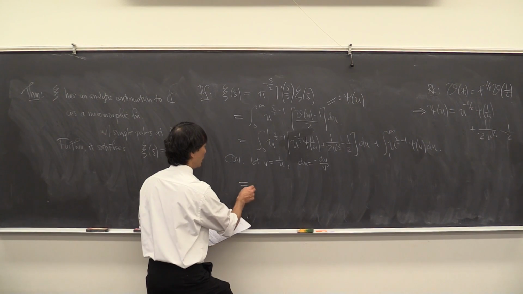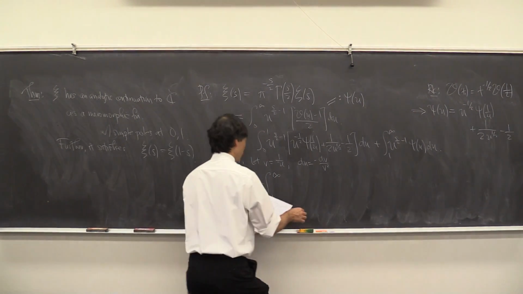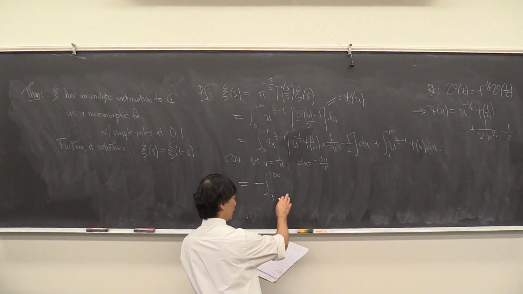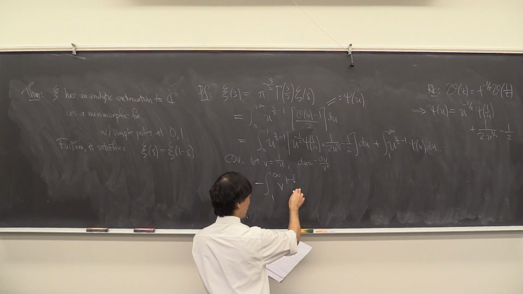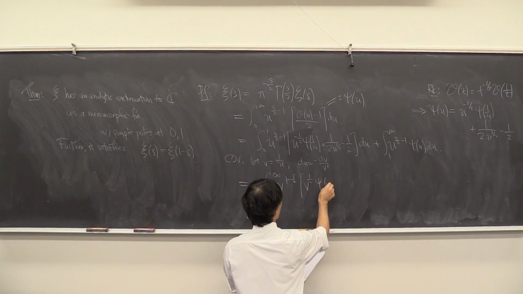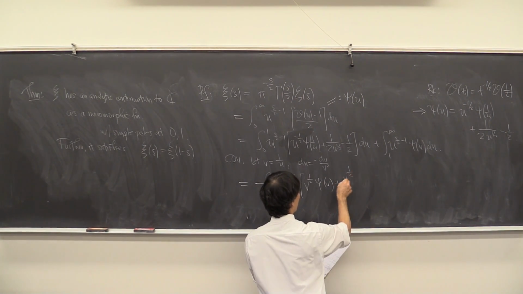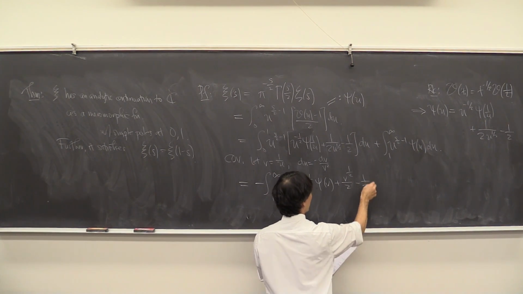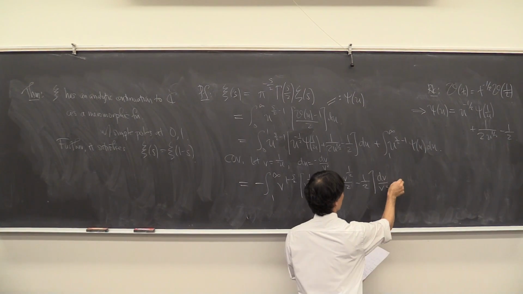That gives us the integral from 1 to infinity of v to the 1 minus s over 2 times v to the 1/2 psi of v plus v to the 1/2 over 2 minus 1/2, dv over v squared, plus the other thing.